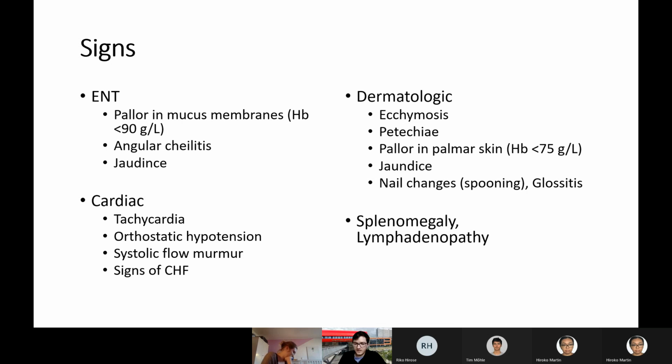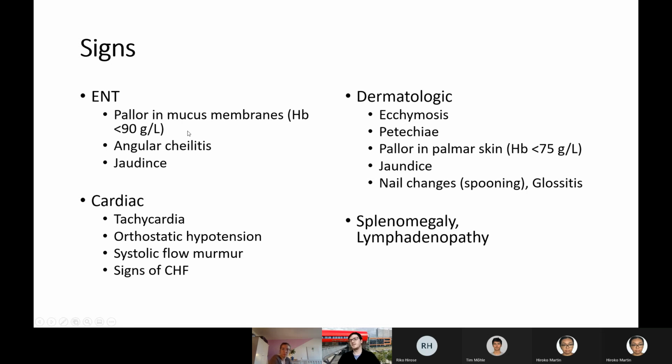One friend of mine, when I asked her how she remembers all the signs and symptoms, told me that I should always start with the general and then go head to toe. So that's why I'm starting with ear, nose and throat, going to cardiac, and then general.